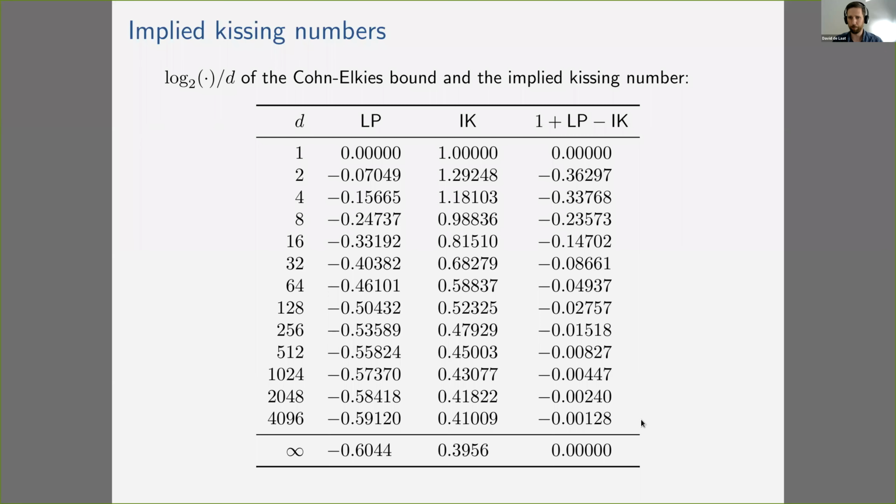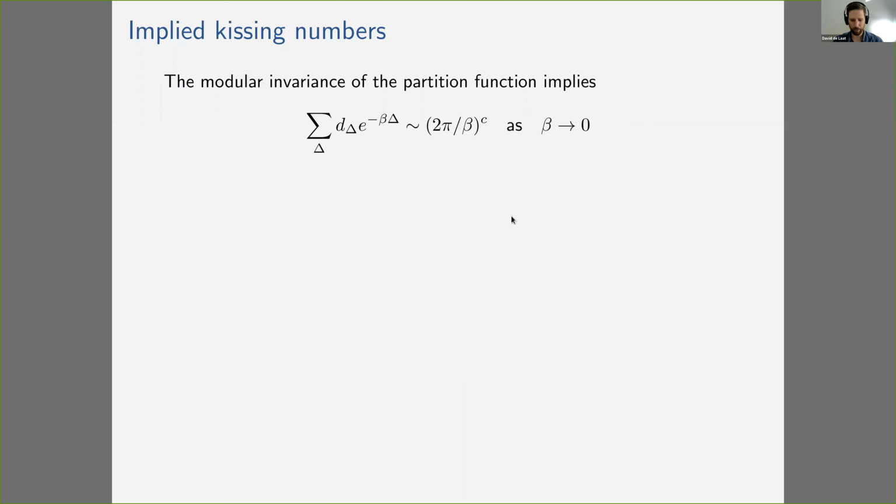What I really like about this connection between geometry, the sphere packing problem, and this modular bootstrap that has been discovered recently, is that we can now use techniques that physicists use a lot to say something about this. So again, very briefly, I want to show you what we can say here. The modular invariance of the partition function, this invariance I showed you on one of the first slides, with a very easy argument gives you this expression.